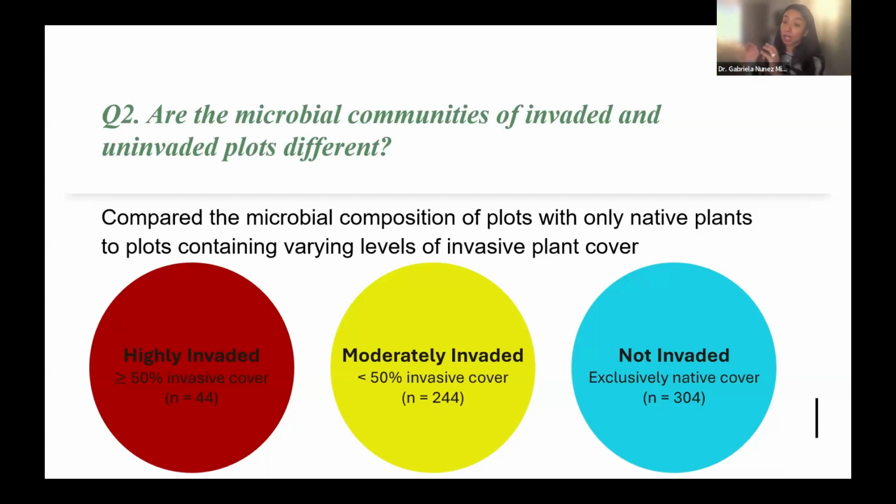And then our plots that were not invaded, so all native plots. And you can see the numbers of how many plots of each we had. Thankfully, we didn't have that many highly invaded plots, right? Maybe not so good for the investigating part, but it's nice to see in real life, even though the moderately invaded, we did have quite a few of those.